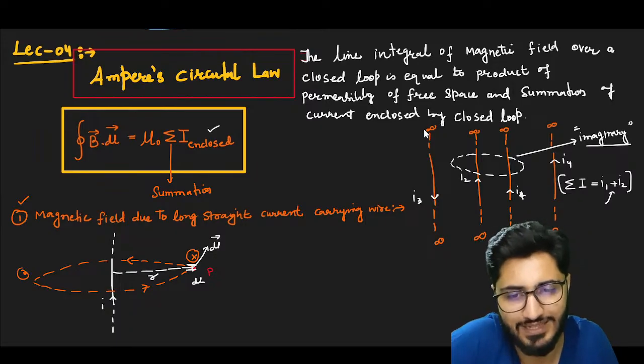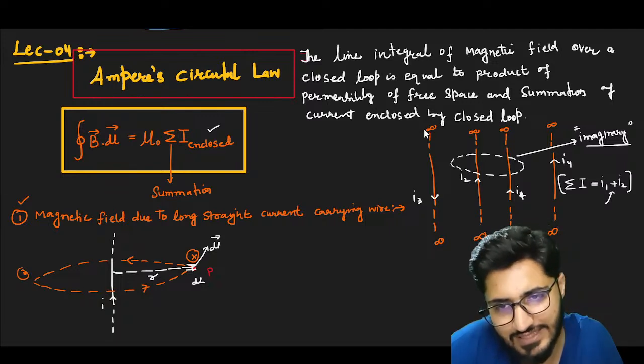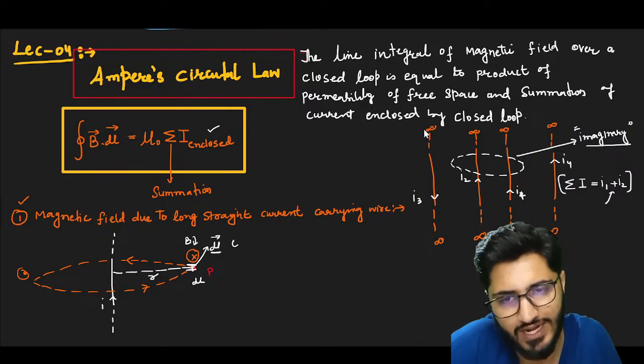This could be my dl. So you can see dl and B. B is inside and dl, the direction is same. So can I write now theta is 0 degree?